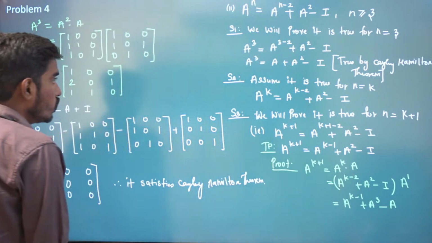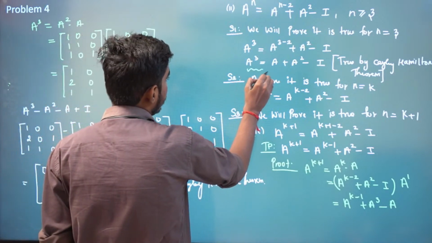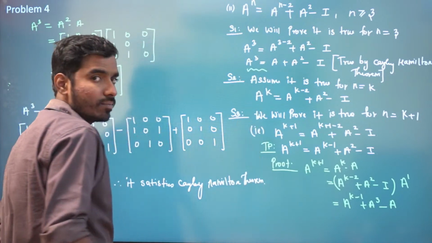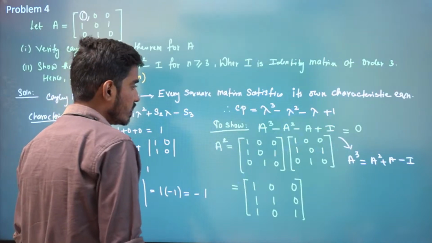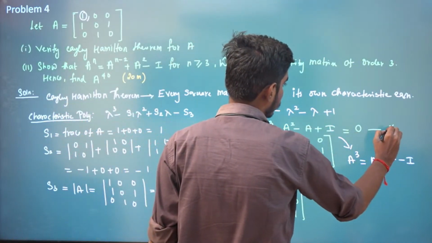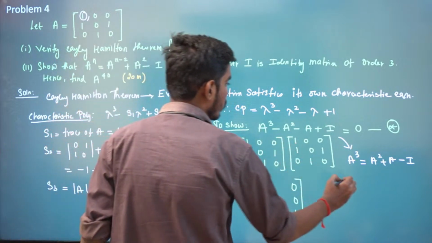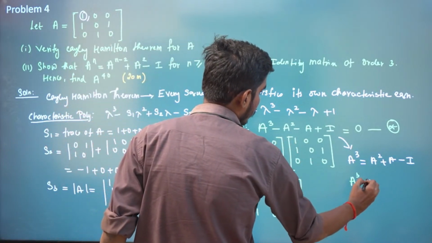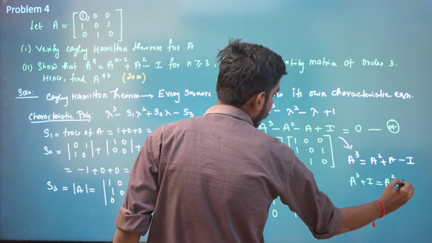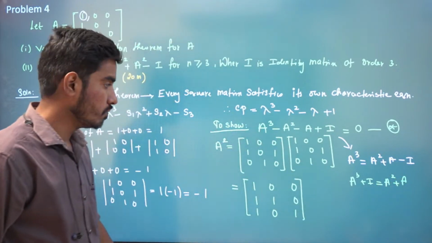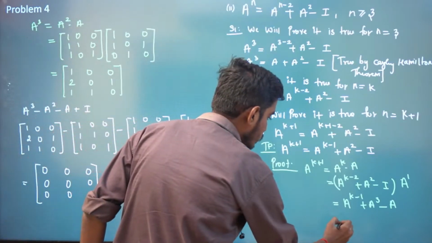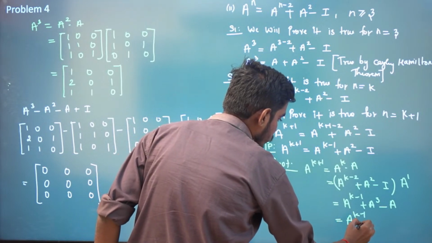Now what is a cube minus a? Can I write a cube minus a as a square minus I? Let us call this star. Can I write a cube plus I as a square plus a by the Cayley-Hamilton theorem? So this is a power k minus 1.